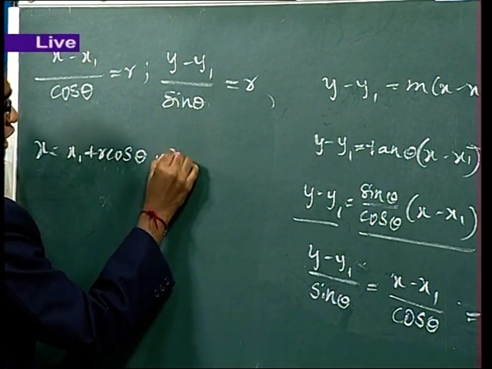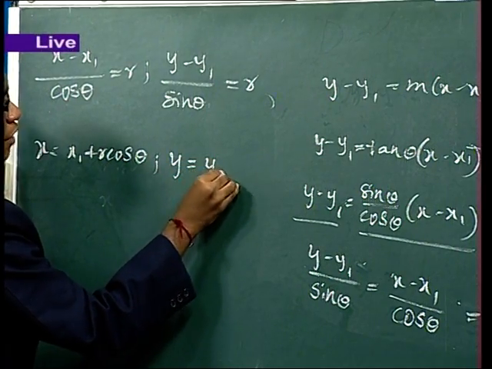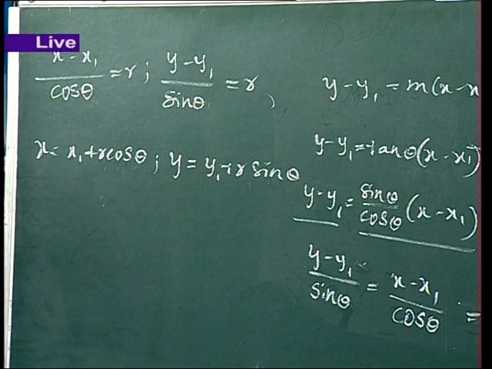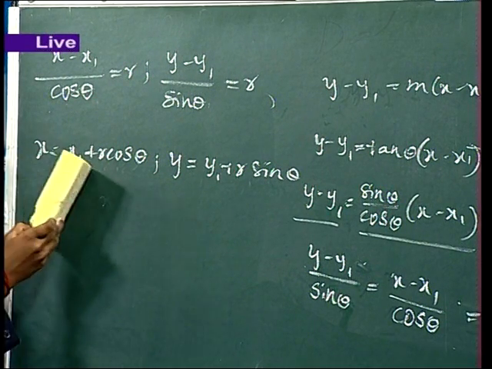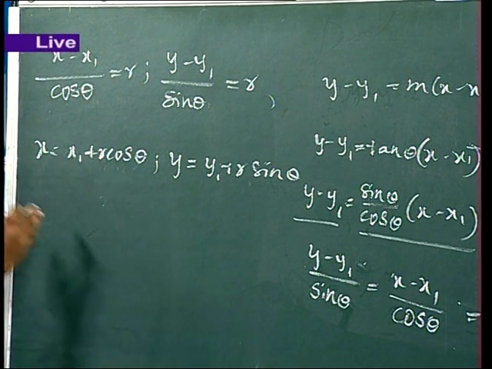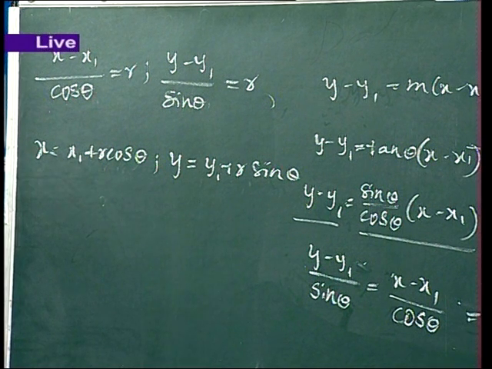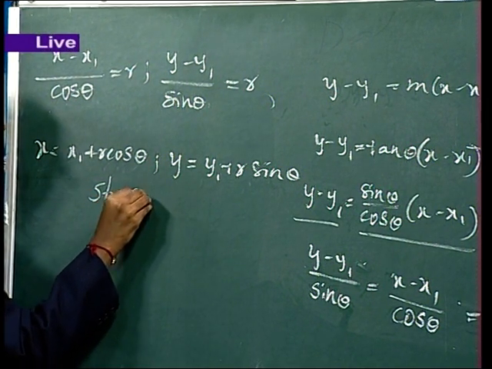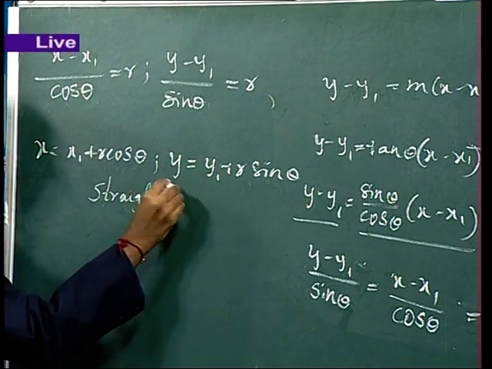Then y equals y1 plus r sin theta. Are you understanding friends? Yes, x is equal to x1 plus r cos theta, y is equal to y1 plus r sin theta. These are the parametric equations of a straight line.